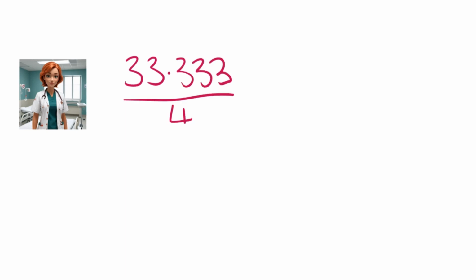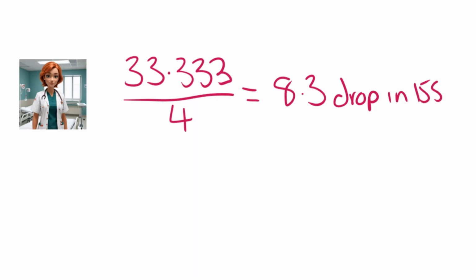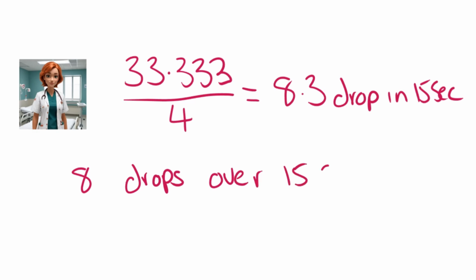We divide that by 4. That gives us 8.3 drops in 15 seconds. Obviously, you're going to round. So after rounding to the closest whole number, we will stand there and we will count 8 drops over 15 seconds.